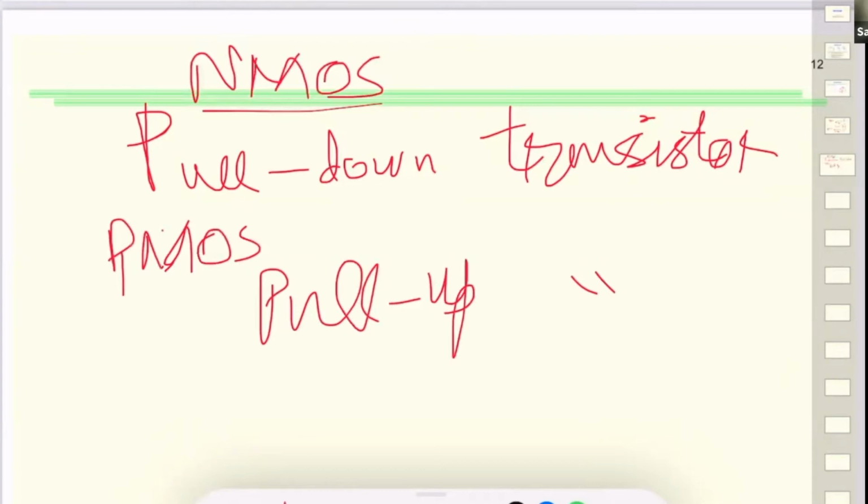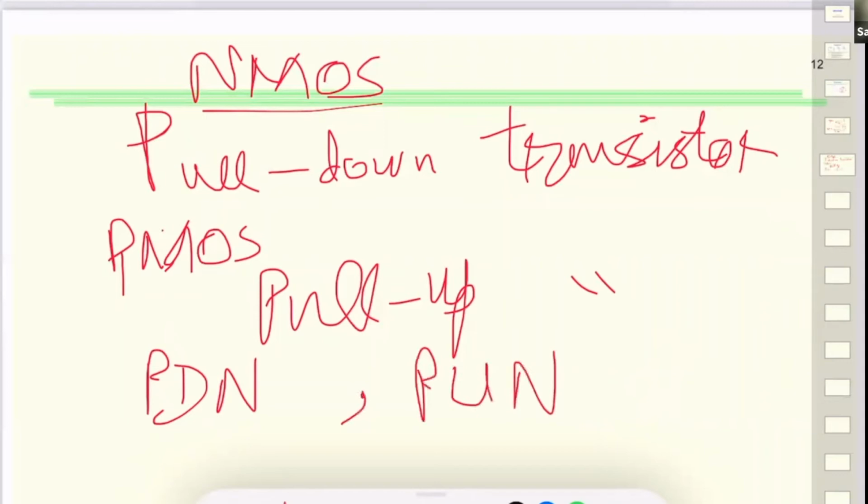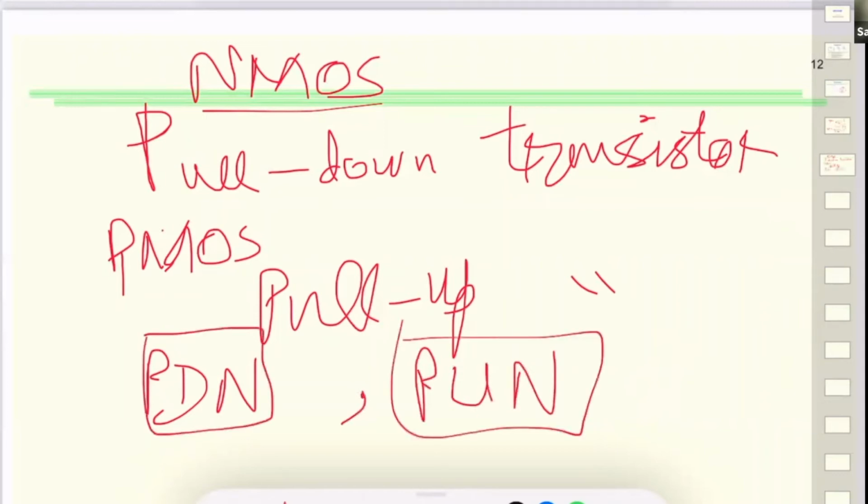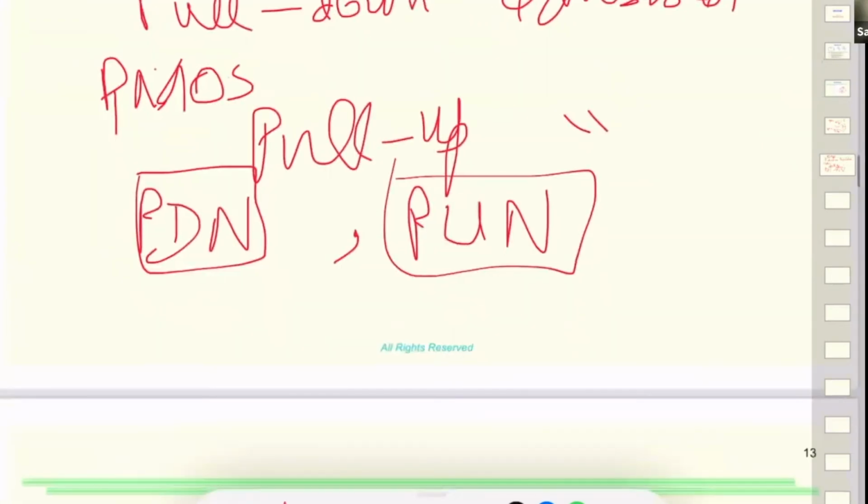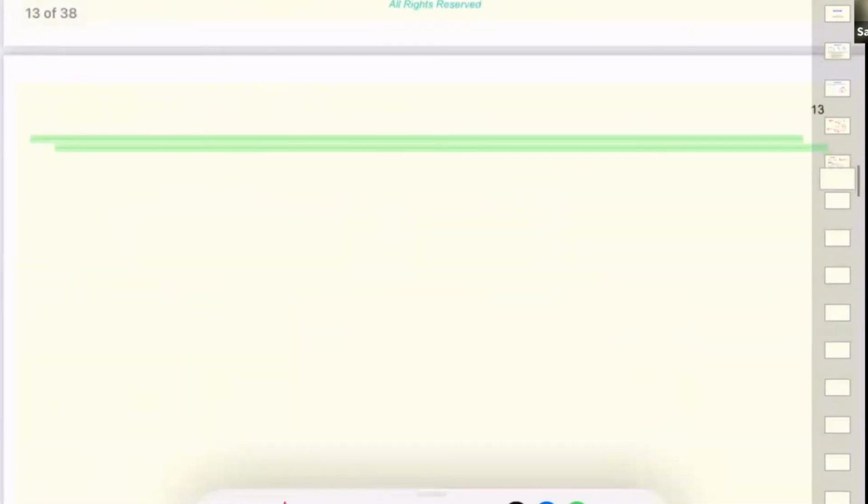So the idea is that the gate has two networks here. One is the PDN, pull-down network, and the other is the pull-up network. In the case of this inverter, this was one input, right? So there can be A, B, C inputs and an output.